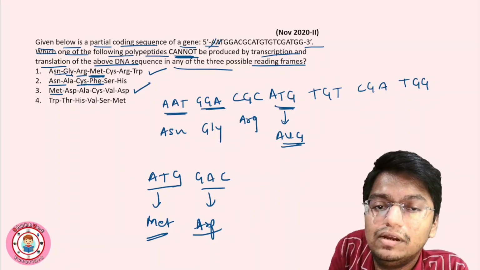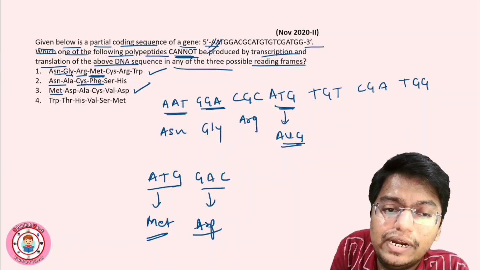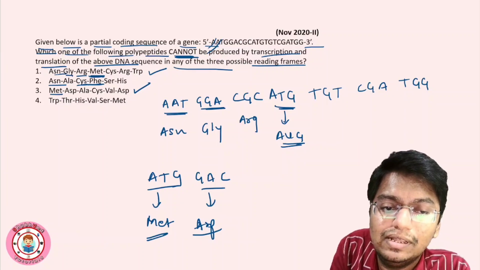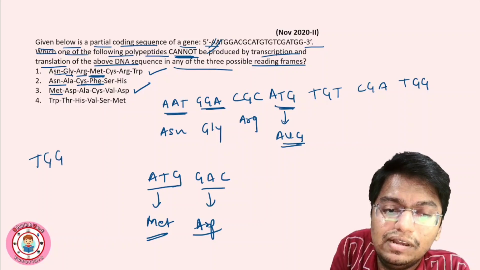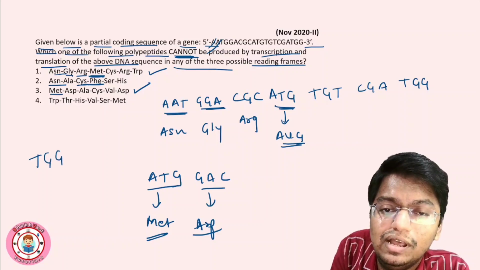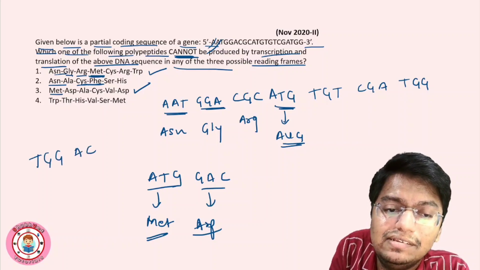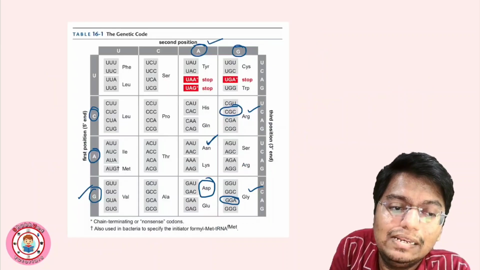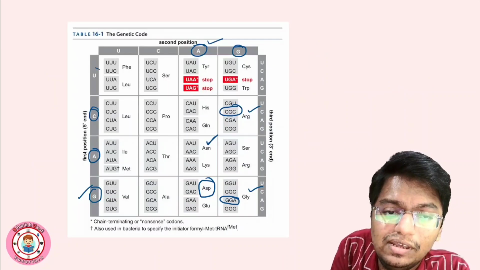अभी 2 अमीनो एसिड को कट करो स्टार्टिंग में, एंड थर्ड रीडिंग फ्रेम विल बी TGG, means UGG, and ACG. Let's see UGG क्या है. UGG is tryptophan.